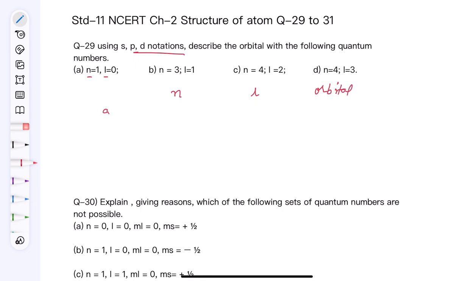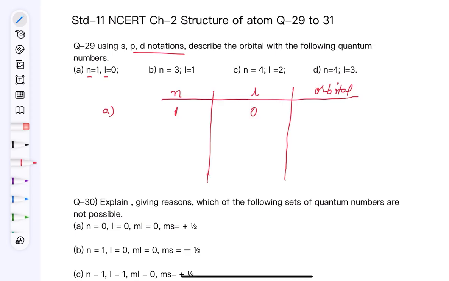Now for A, you are having value of n as 1 and your value of L is 0. Let us try to understand this. They are asking you to find out the type of the orbital.